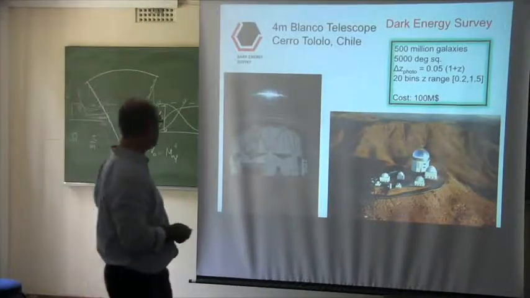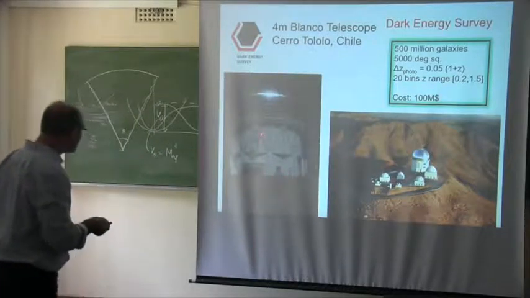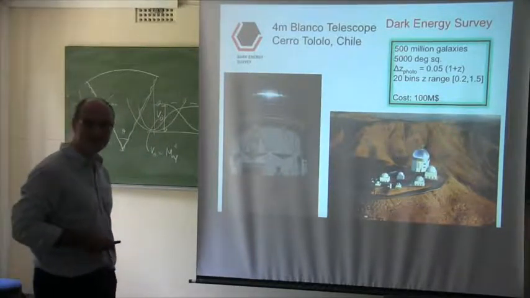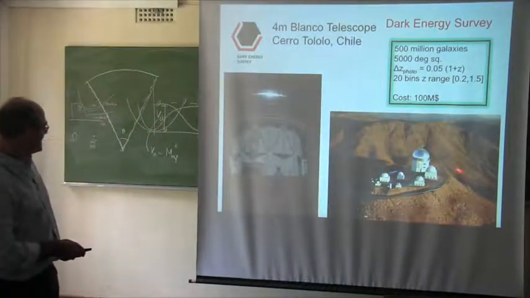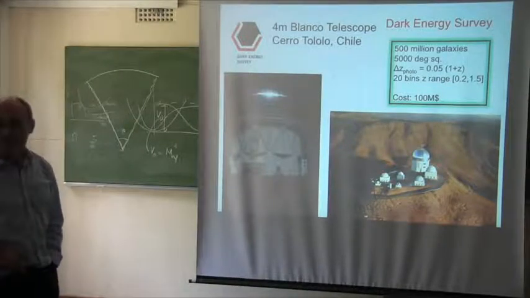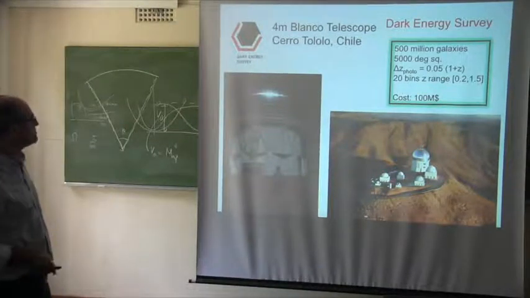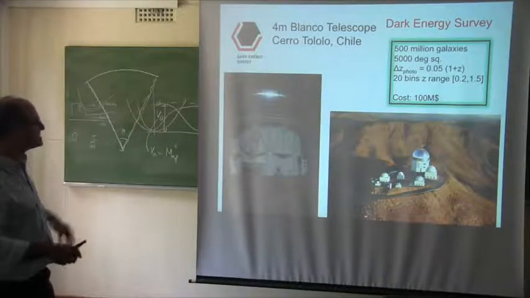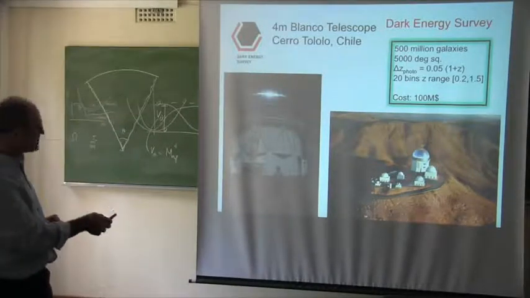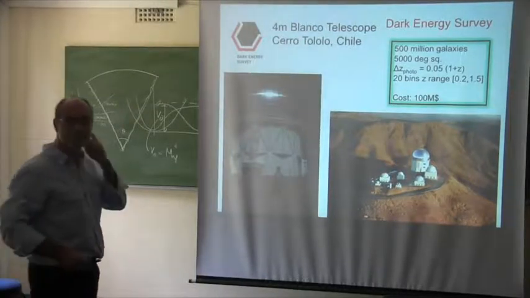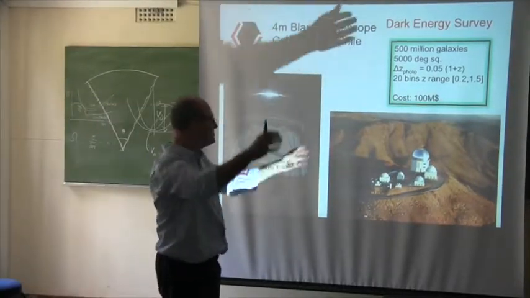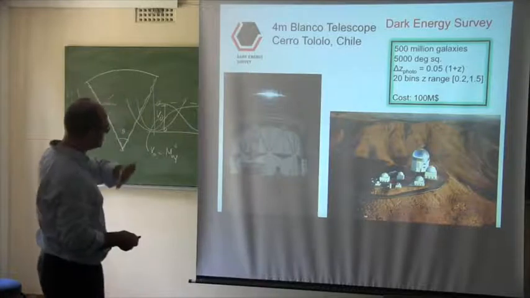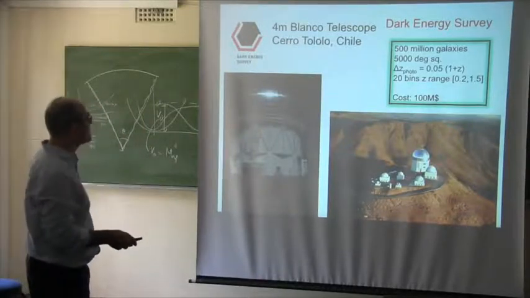Okay, so what are those experiments? This is me in front of the Blanco telescope, the day we inaugurated the survey. It's in Cerro Tololo, in Chile. It will measure 300 million galaxies over 5,000 square degrees in the sky. That's an eighth, an octant of the full sky. It's of course in a region where we don't have the galaxy, the Milky Way, we're looking to the south.